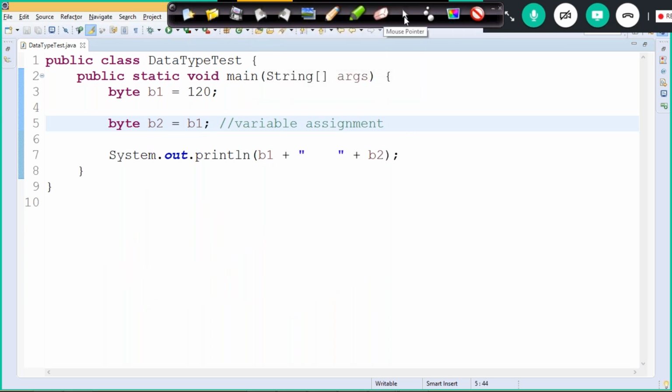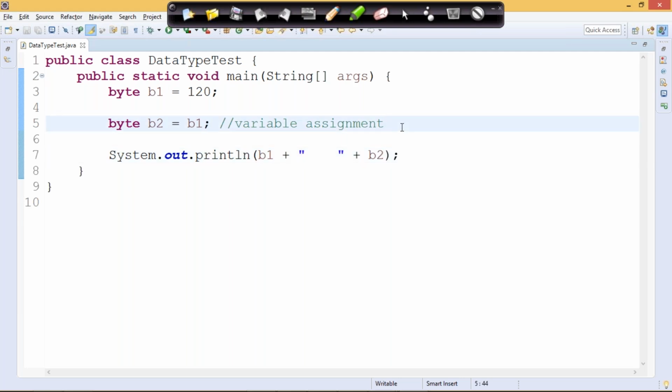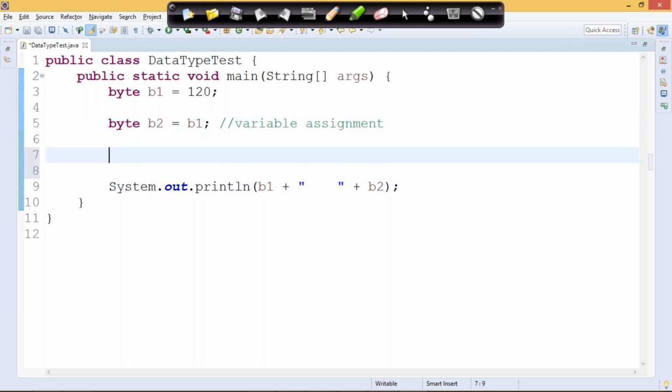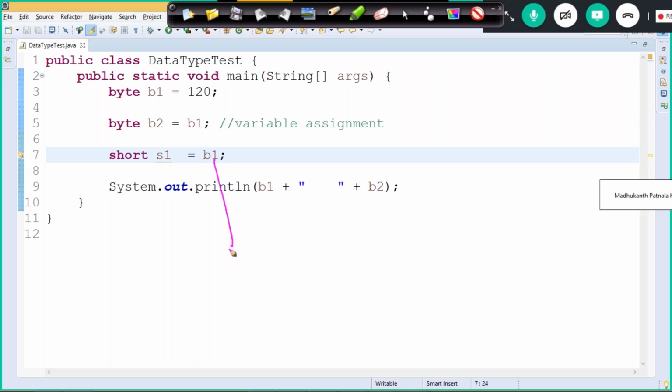In the same way, even if I write the code like this, which is bigger than byte? Short. Short S1 equal to B1. Observe this. In this code, the data type of B1 is byte, that is the right side. What is there on the left side? S1. What is the data type of S1? Short. Left side is short, right side is byte.